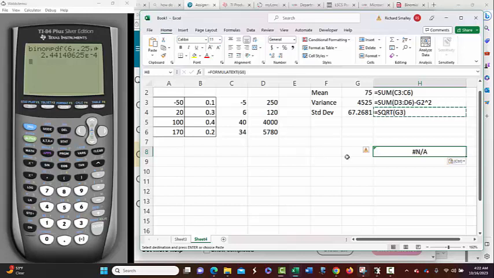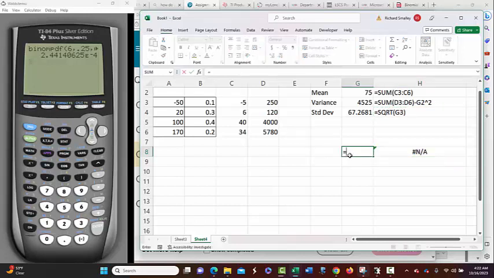That way you'll see the formula, and I'll do it right next to it. Equals binom dist. The number of successes, it does a little bit different order than the calculator. Now, they happen to both be 6 here. That's just coincidence, but we'll do one where they're not the same. Probability 0.25.